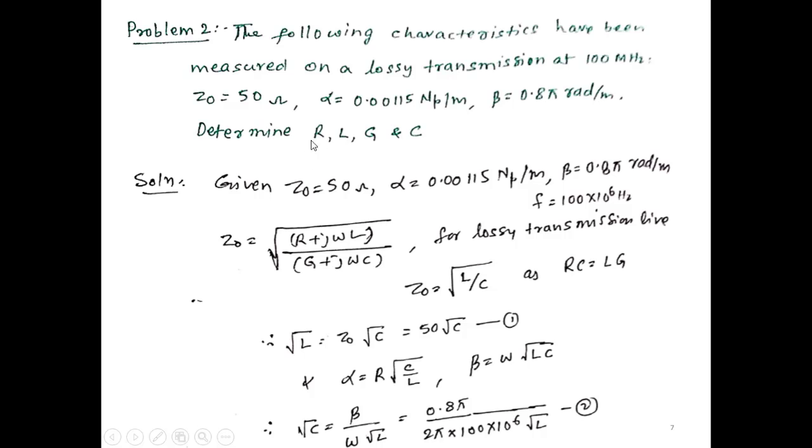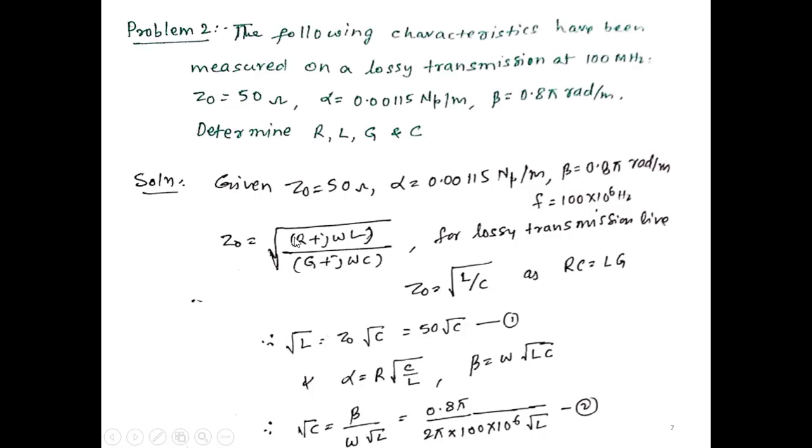You have to find the primary constants R, L, G, C, or distributed constants per meter. Given Z0 is equal to 50 ohm, alpha is given, beta is given and F is given as 100 megahertz, which is 100 into 10 raised to 6 hertz.